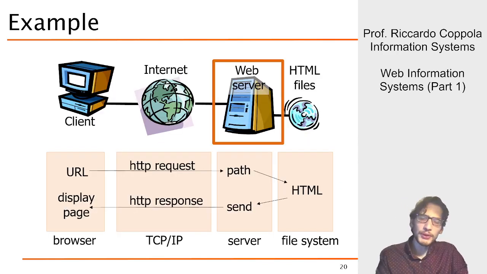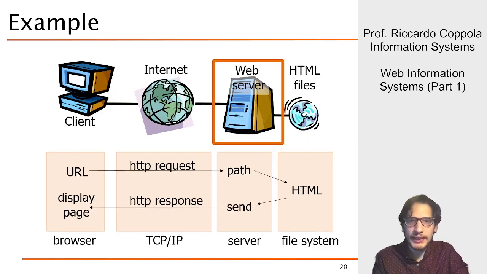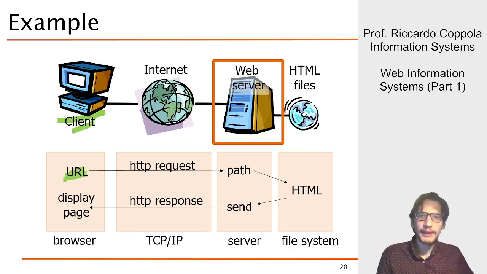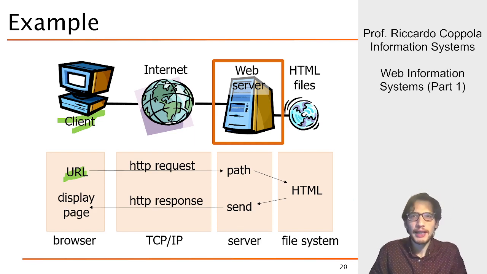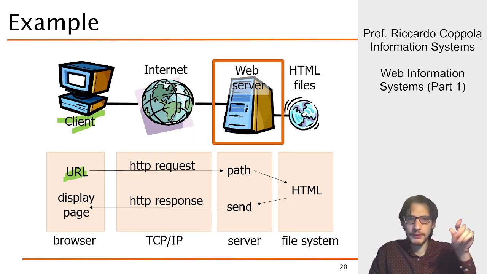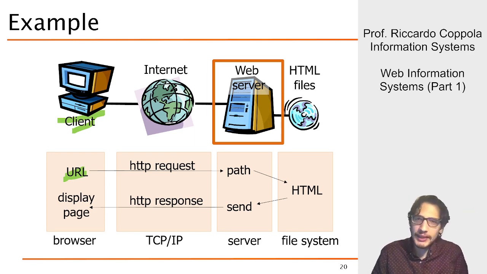But how does the communication happen? So the starting point is in the client, in the browser. I type down a URL. The URL is the uniform resource locator. It's the stuff that you type in your address box in your browser.